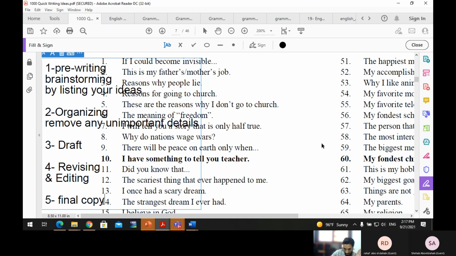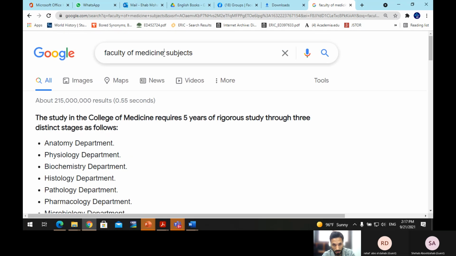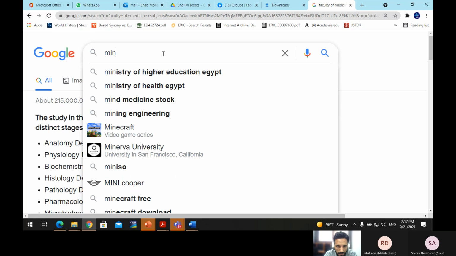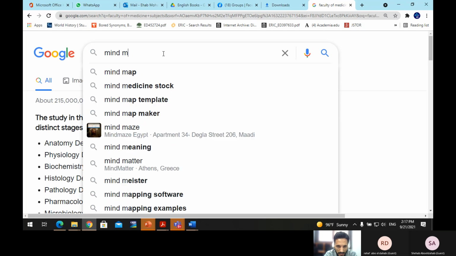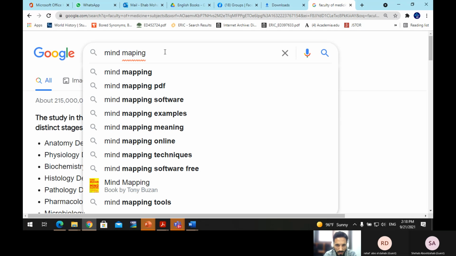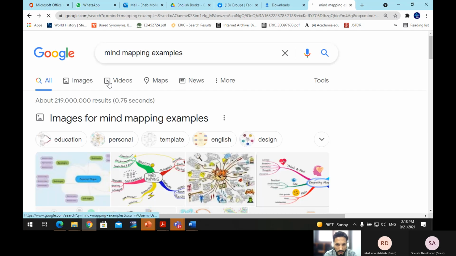But put the title in the middle. I'll show you some examples about mind mapping. Mind mapping technique, mind mapping examples. Can you see?